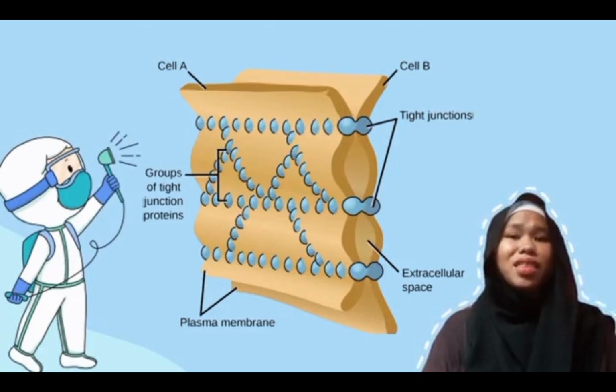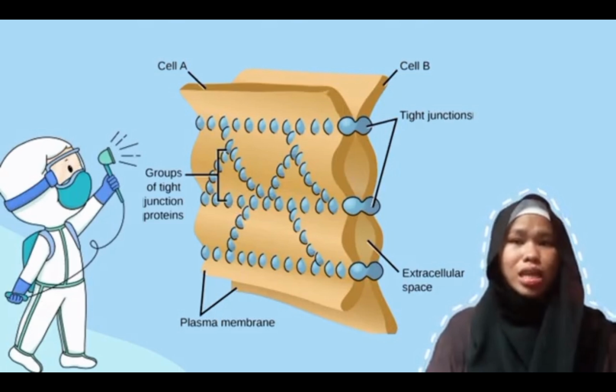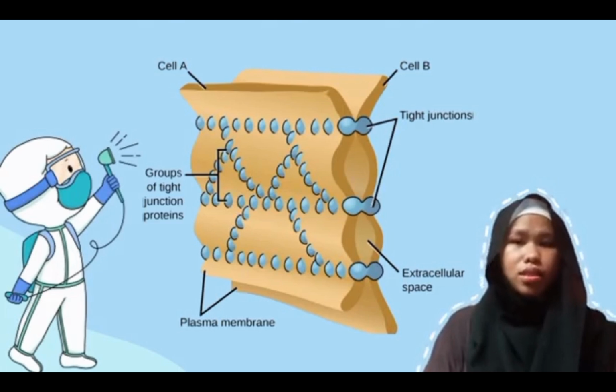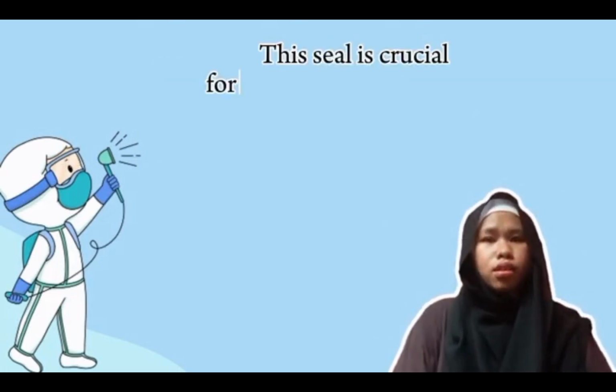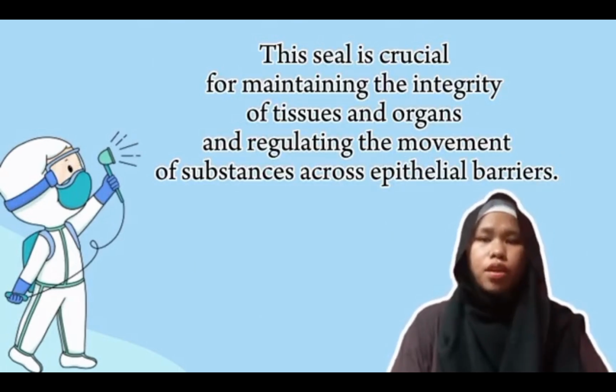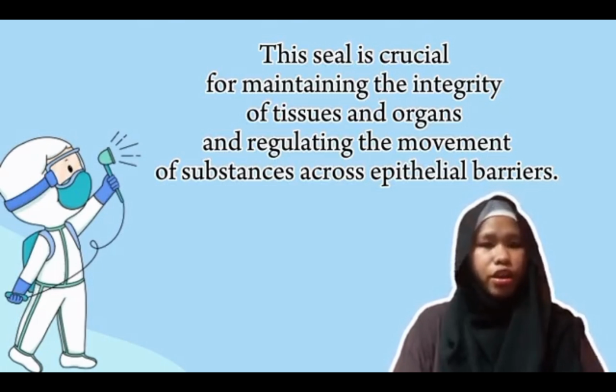As you can see in the diagram, it shows how tight junction proteins in the plasma membranes of the adjacent cells interact to form a continuous seal, preventing the passage of molecules and ions between those cells. This seal is crucial for maintaining the integrity of tissues and organs and regulating the movement of substances across the epithelial barriers.